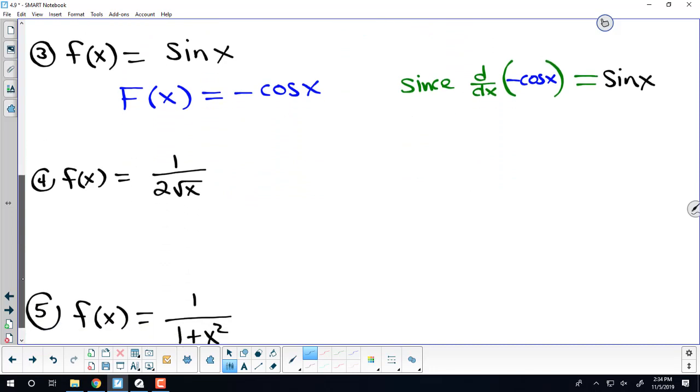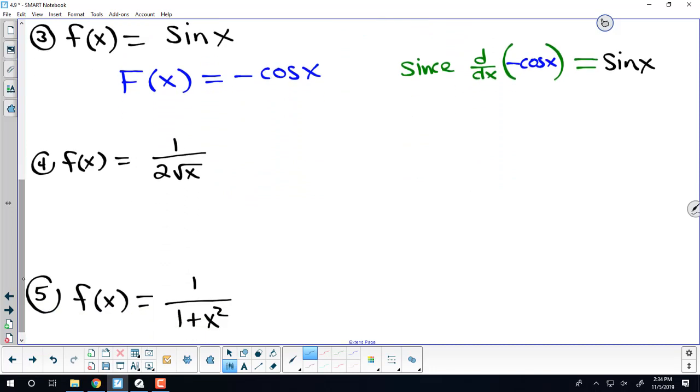Okay, what's the antiderivative of 1 over 2 times the square root of x? Square root of x. The function we take the derivative of in order to get 1 over 2 root x is root x.